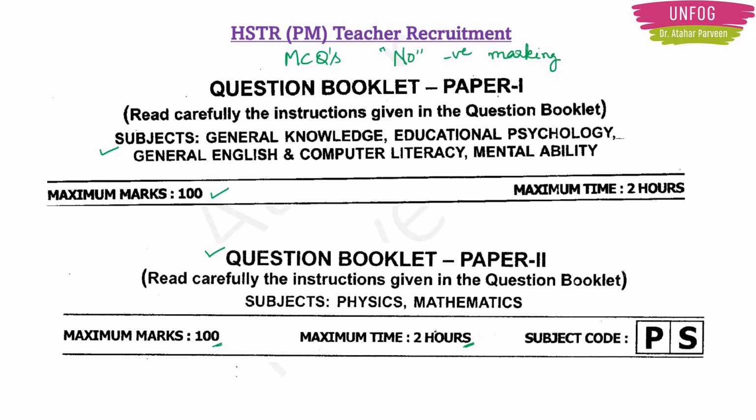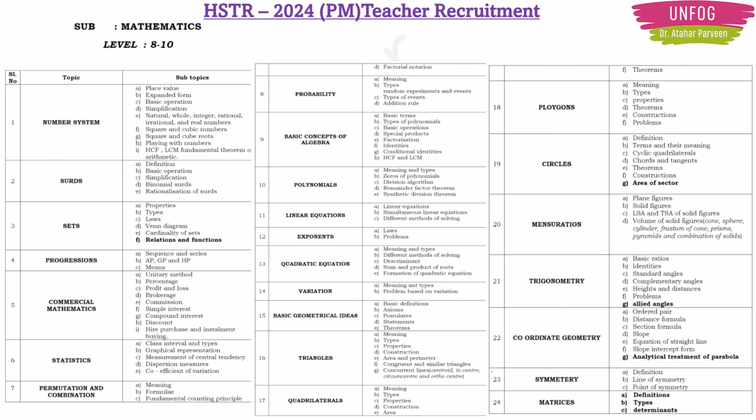In this, 40 marks will be for physics, 40 marks for maths and 20 marks for methodology. This methodology will be based on the PM method only.